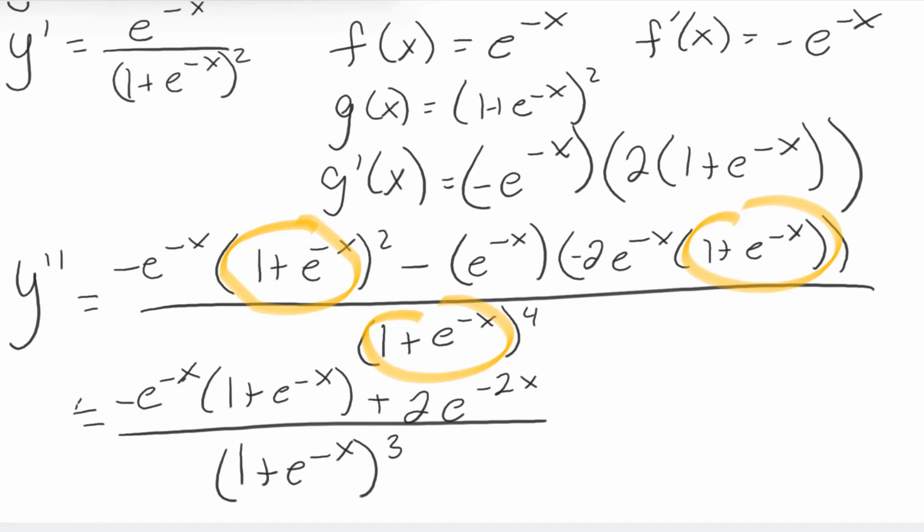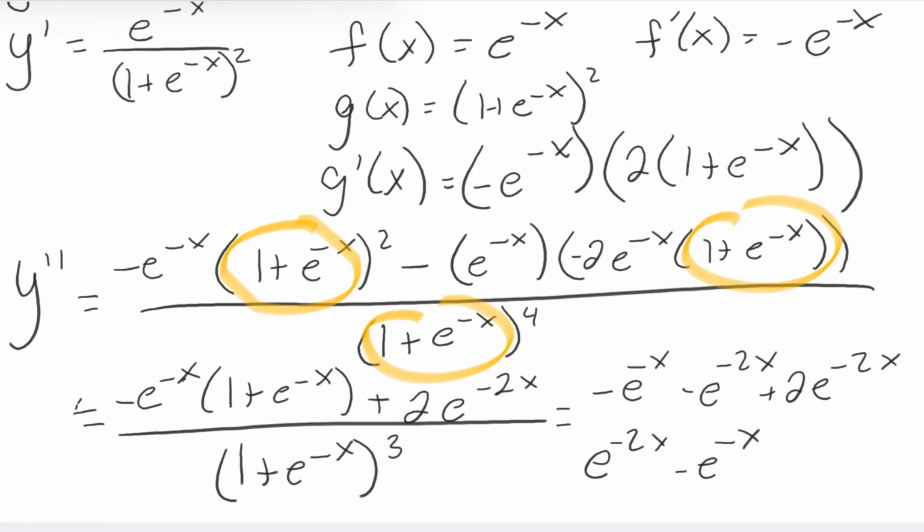All right, so I have negative e to the negative x minus negative e to the negative 2x plus 2e to the negative 2x. Which comes out to be e to the negative 2x minus e to the negative x.